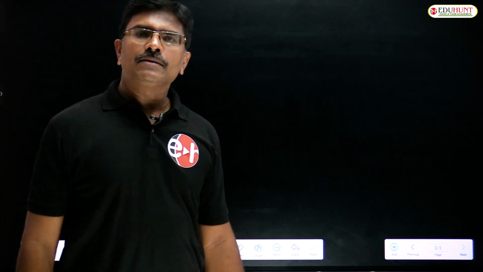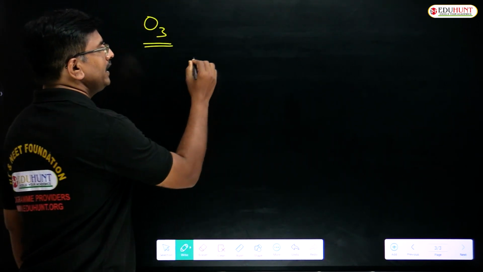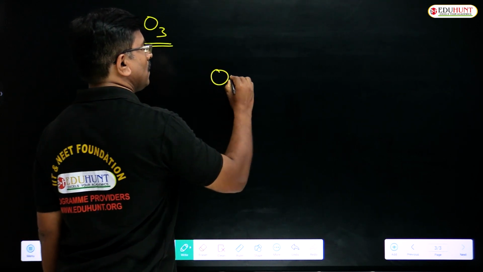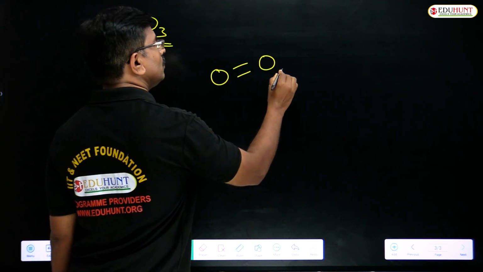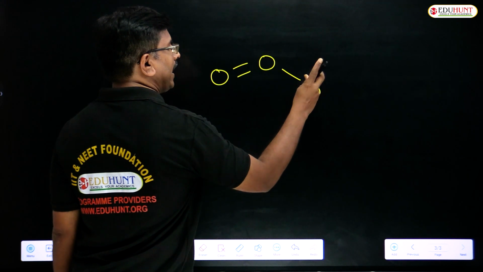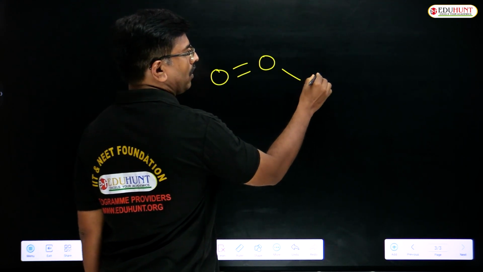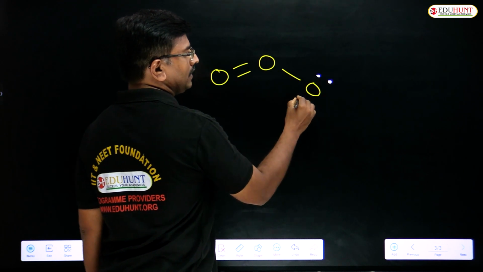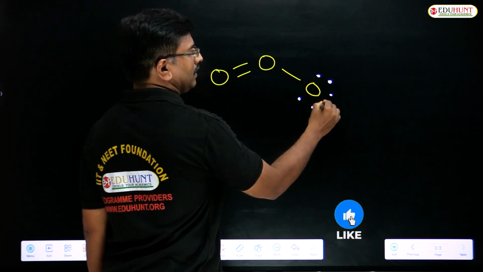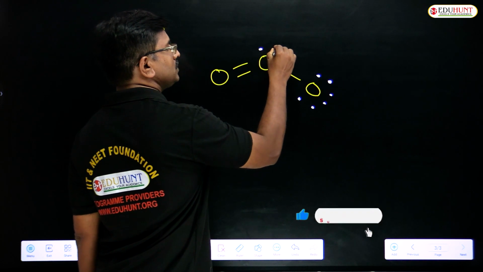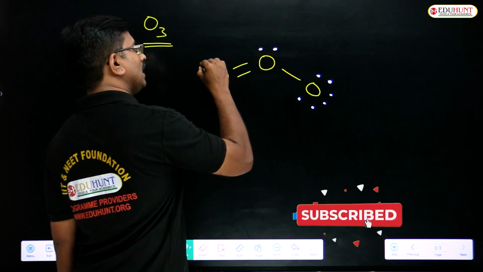These three oxygen atoms are linked to each other in this pattern: O, double bond, O, single bond, O, and there are three lone pairs on this oxygen and a lone pair on this particular oxygen.